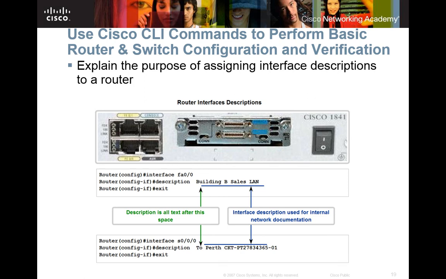The serial 0/0, which is going to be this one right here, or maybe this one, I can't really see what the serial is on those because they're blurred out too much. It's just saying to Perth. So I know that this line right here is going to my Perth router. Does that make sense? Adding descriptions helps you manage your ports better.